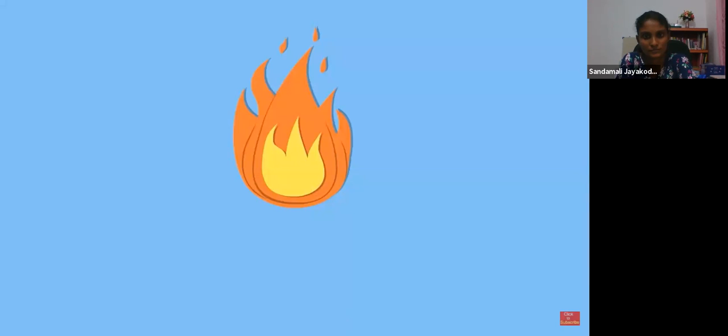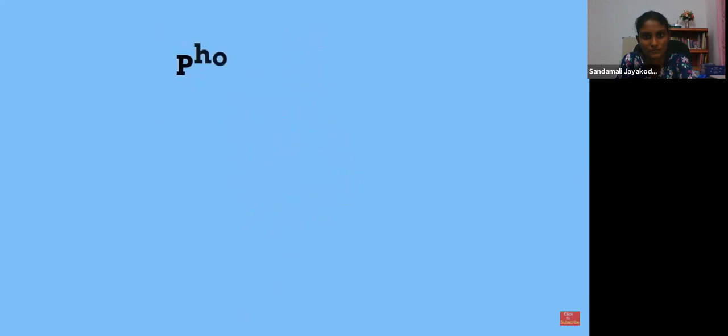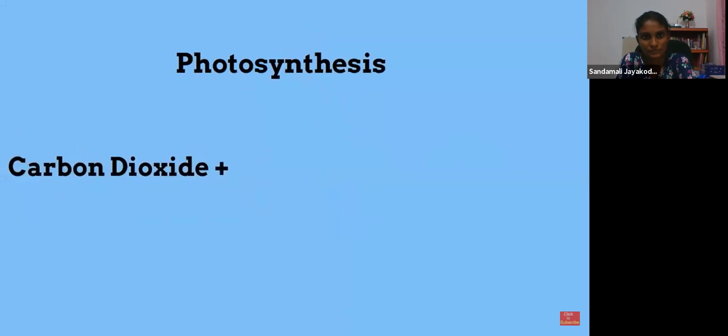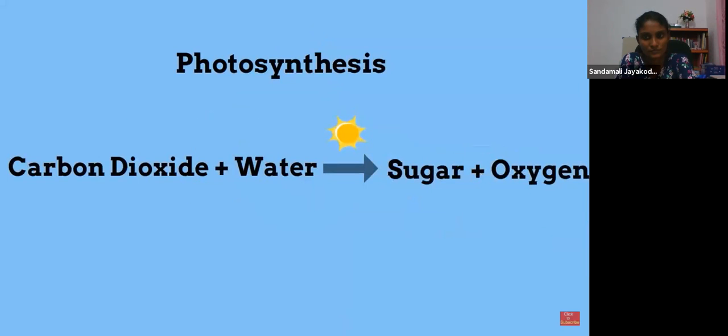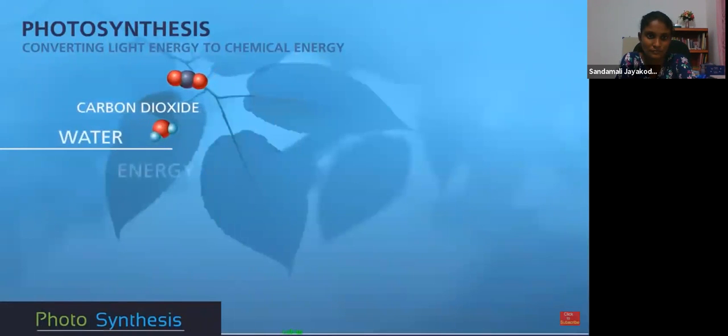Autotrophs produce their energy from the sun in a chemical process called photosynthesis. They take carbon dioxide plus water and sunlight and produce sugar and oxygen. In order for plants to grow, they need inputs of carbon dioxide, water, and energy.